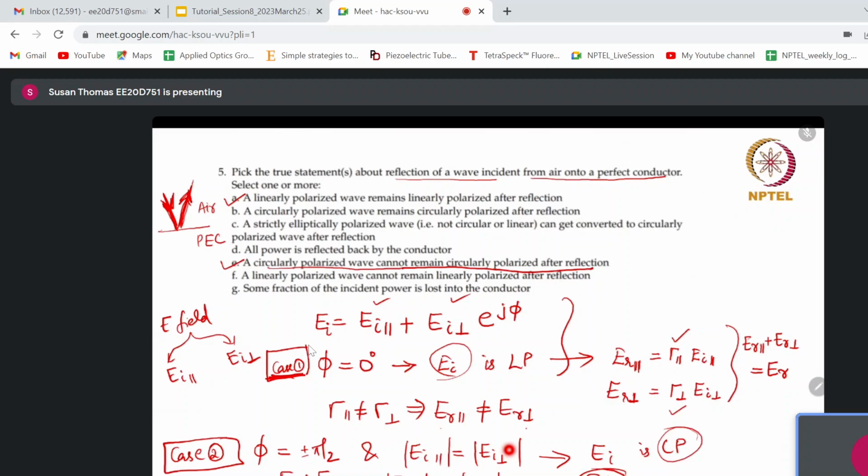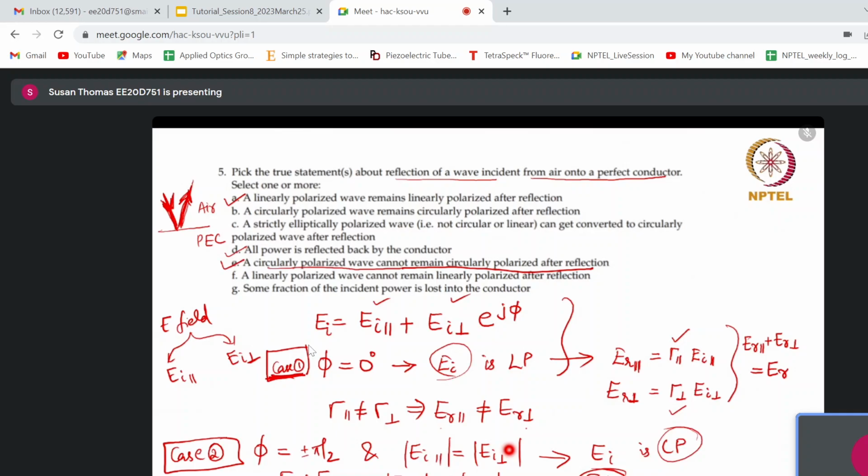There is one more correct statement among these, that all power is reflected back by the conductor. That is very true because there is no field going inside the conductor, a perfect conductor. All the power is being reflected back.